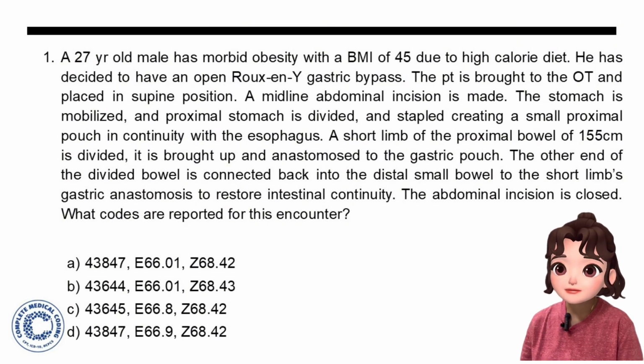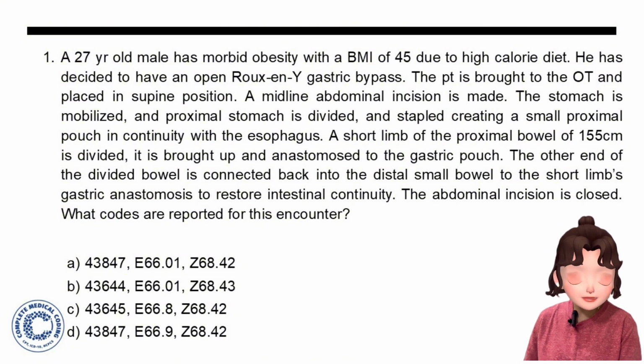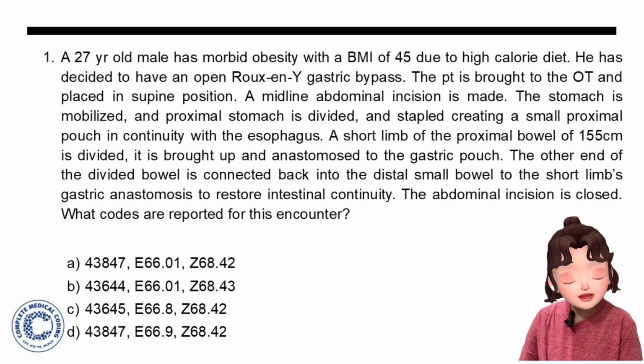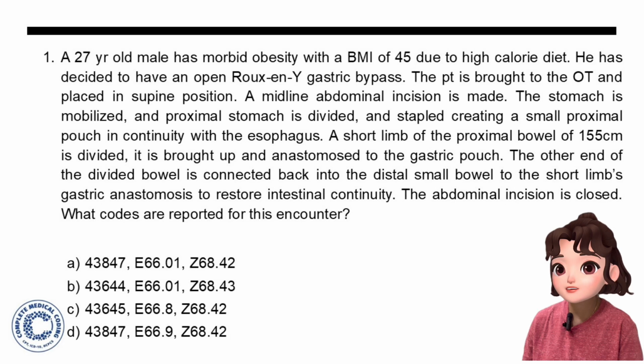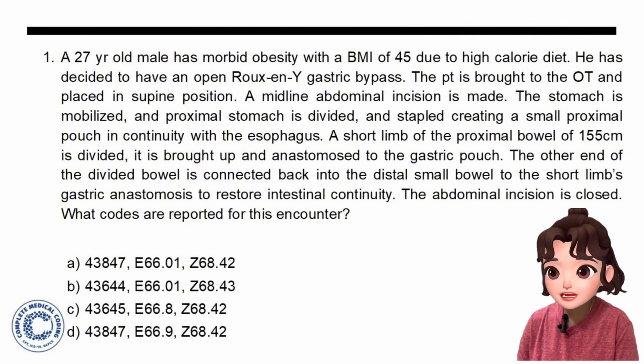CPT code first. First option 43847. Please go and take 43847. What is 43847? Gastric restrictive procedure with gastric bypass for morbid obesity with small intestine reconstruction to limit absorption. Yes, this is small intestine reconstruction, right?